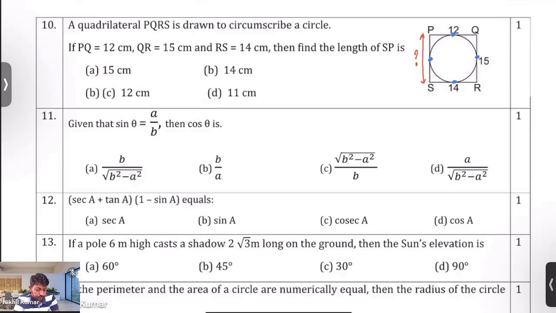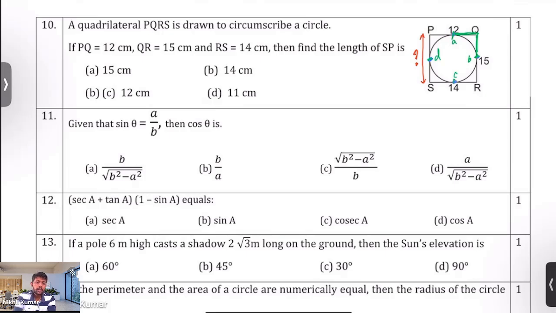Now, as soon as you see these two lines, what do you think? Do you know about any relation between these two lines? These are common tangents, aren't they? So if I name this point as, let's say, A, this point as B, this point as C, this point as D in small letters, AQ and BQ, are they equal?